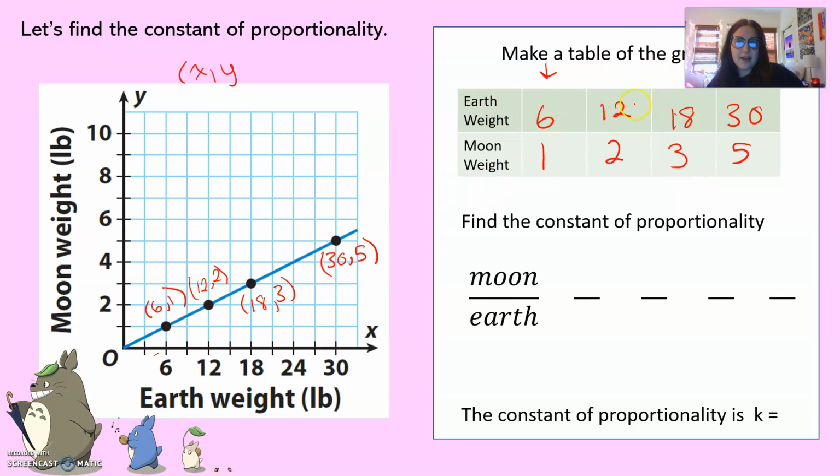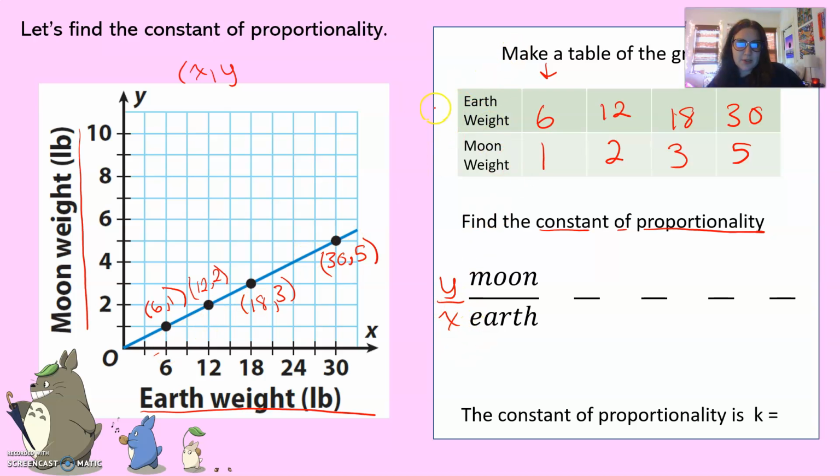So now I have my table of values, and I can find my ratios and find the constant of proportionality. I want moon over Earth to be my ratio. So I'm doing my y-axis over my x-axis. So this is y over x, my y coordinates over my x coordinates.